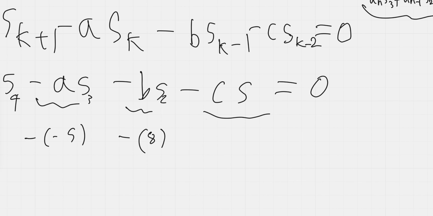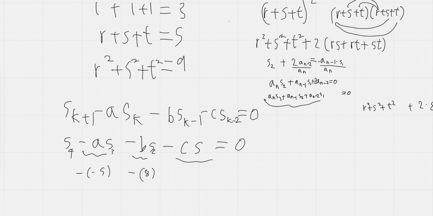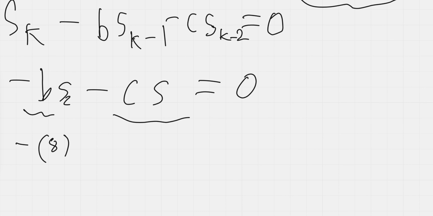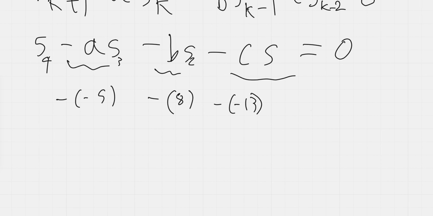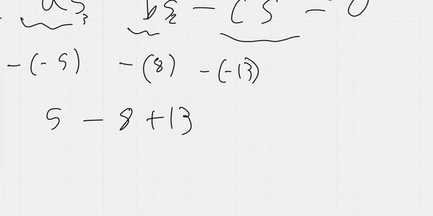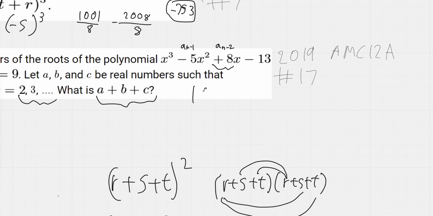And for minus c, you should have the negative of negative 13. And what we wanted was the sum of all of this. We have 5 minus 8 plus 13, which is just 10. And that's our answer.